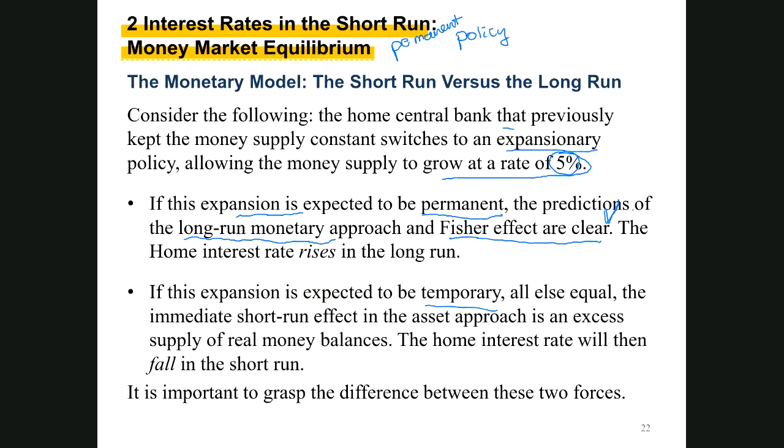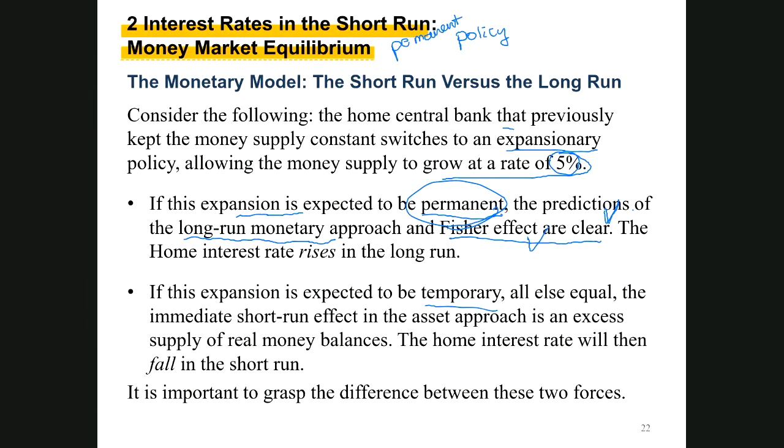So all we learned in the previous chapter holds if the expansion is permanent. Remember in the homework assignment, I asked you to draw one of the diagrams in the book. You started from one of the shocks, then you saw what the real balances change was, what the price level change was, and then applied PPP, and then you saw the change in the exchange rate.